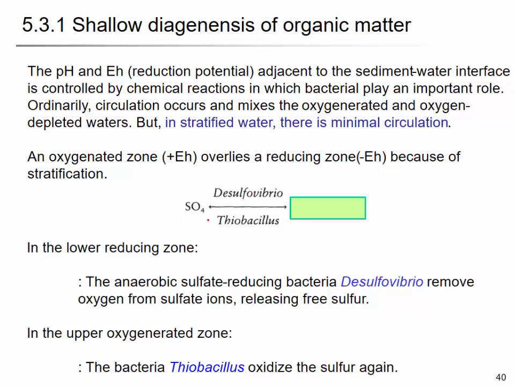You have a sulfate, then it becomes sulfur and oxygen by the sulfate reducing bacteria. So in the reducing zone, anaerobic sulfate reducing bacteria remove the oxygen, and in the upper oxygenated zone, this sulfur will be oxidized again to the sulfate.